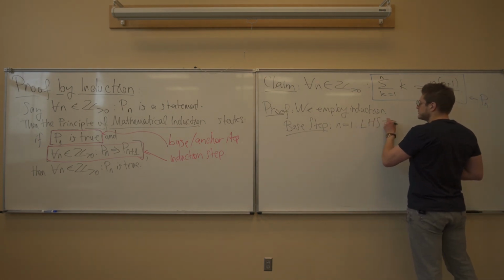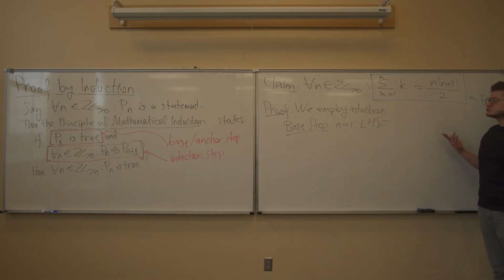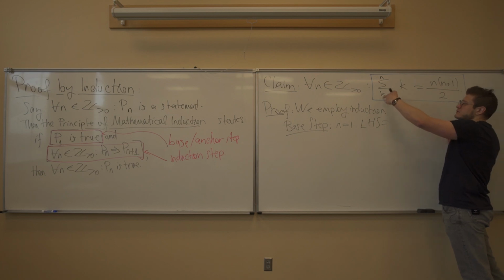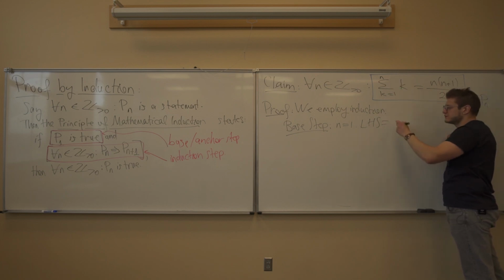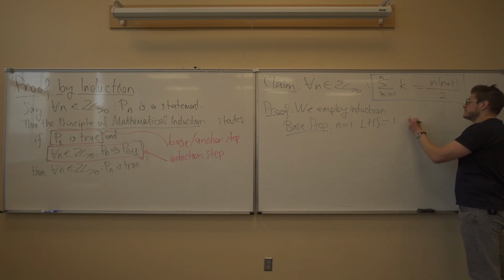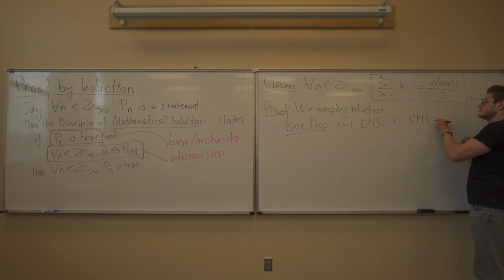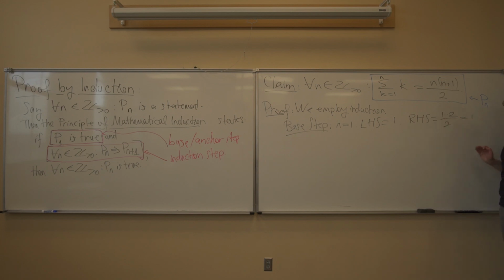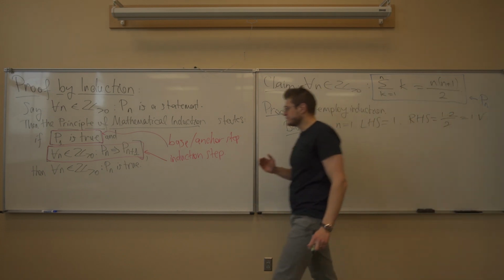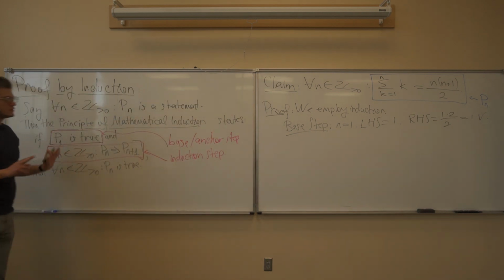Left-hand side equals, what? It's just 1, right? Because I'm adding from k equals 1 to 1. What is the right-hand side? Well, 1 times 2 divided by 2, which is 1. So the left-hand side equals the right-hand side for n equals 1. Okay, so the base step is true. P sub 1 is true.